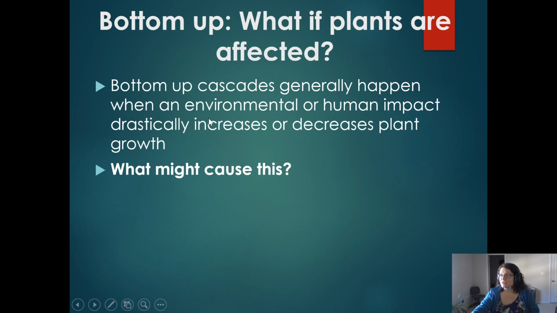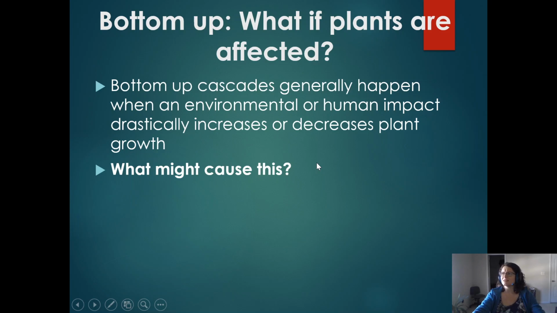Bottom-up cascades are different, okay? So we're going to be looking here at both bottom-up and top-down cascades as part of your disturbance cards in the activity we're doing, okay? Bottom-up cascades generally happen when an environmental or human impact drastically increases or decreases plant growth.